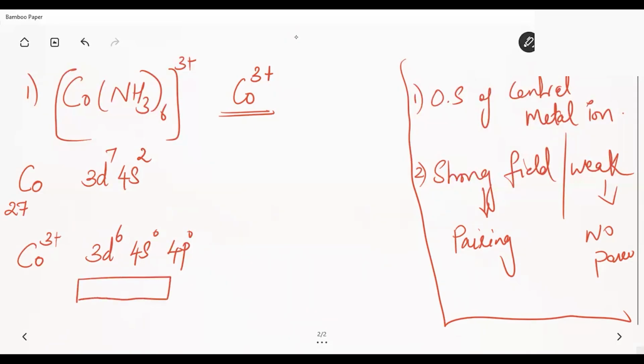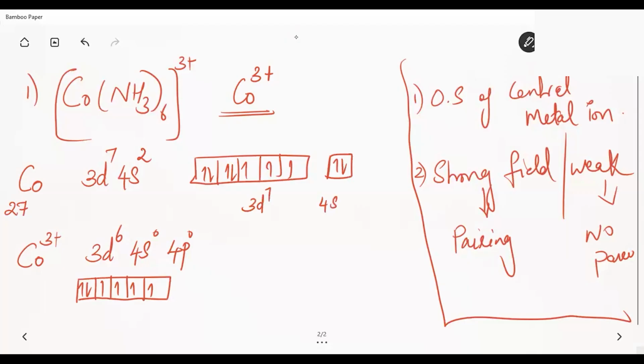In the ground state, 3d has 7 electrons and 4s has 2. Now the 4s electrons have been removed and one electron from 3d is also gone. So there is nothing in 4s and nothing in 4p either.